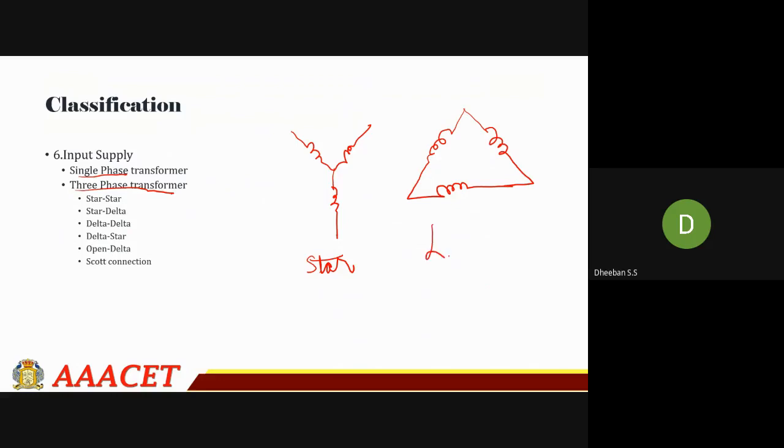What happens is, if you are combining one of the windings as a primary as a star, the secondary will be delta, so it will be star delta. If it is star, then at the primary it will be star and the secondary will also be star. Delta means primary also delta, secondary also delta. Like that it will be there. These two are special types of connection.